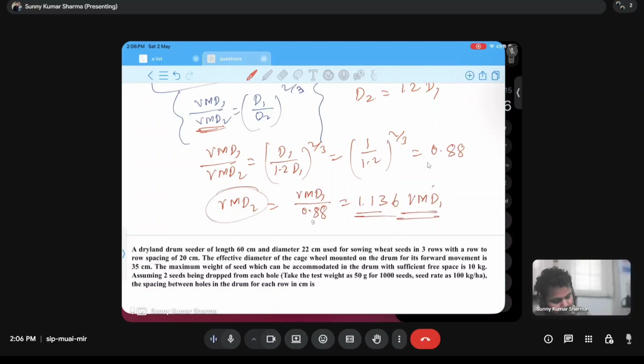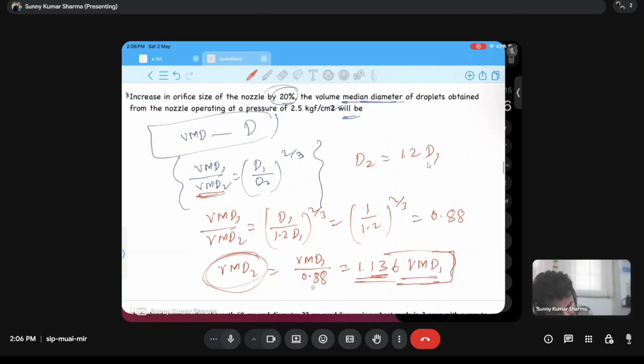What we can conclude from here is that VMD has increased by 13.6%. So the volume mean droplet diameter obtained will be 13.6% larger than before, or this volume mean diameter of the droplet will increase by 13.6%. So this will be your answer.